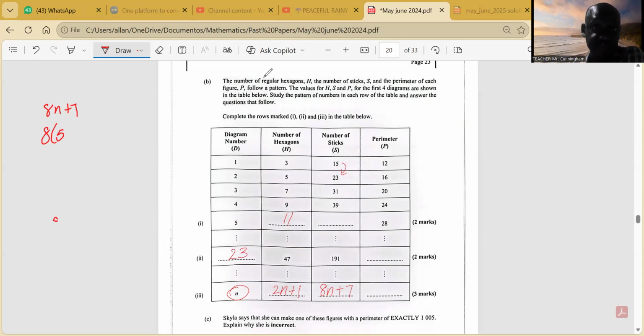All right. 8 by 5, 40 plus 7. So this would be 47.